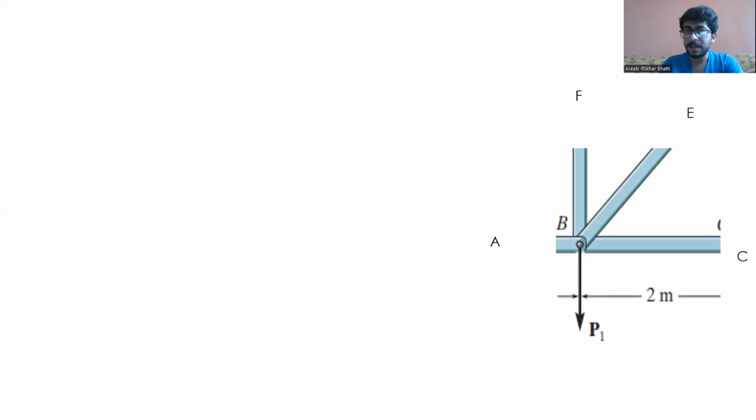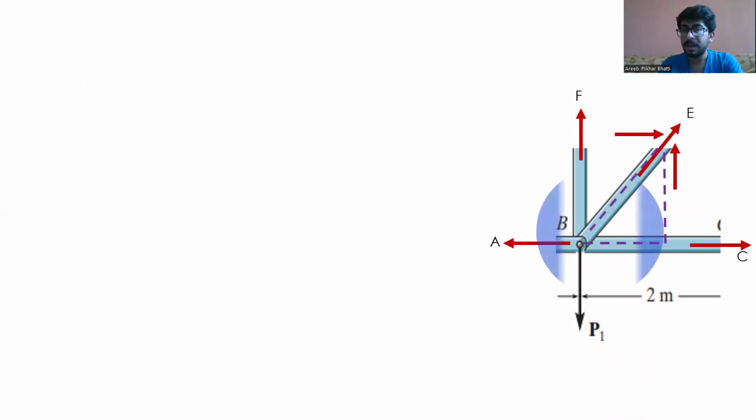And when we take the joint B, you see four members are connected and a vertically downward force is acting, which is P1. So when we resolve the forces that are acting at the members, we get these forces, and we get an angle of about 45 degrees between the members.